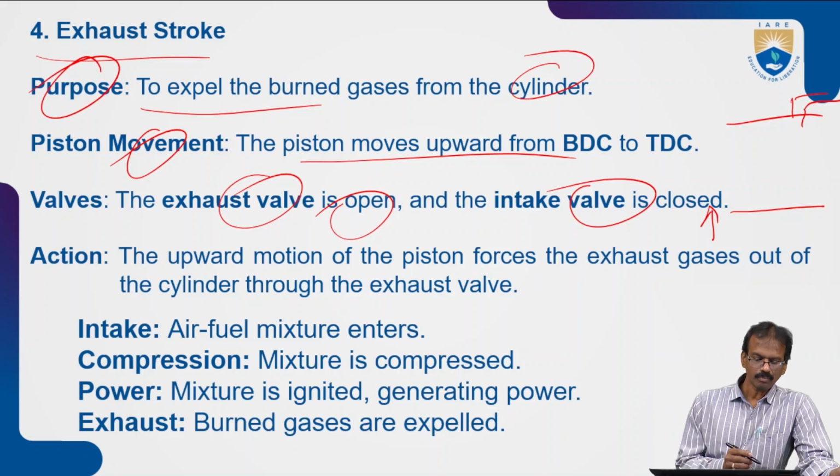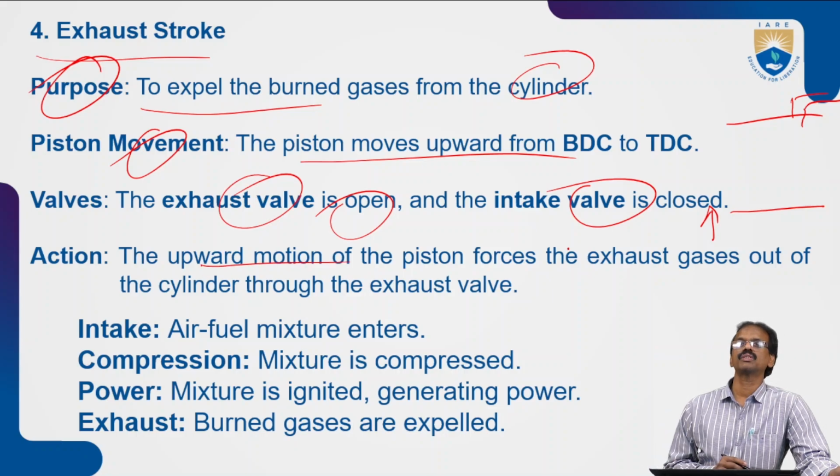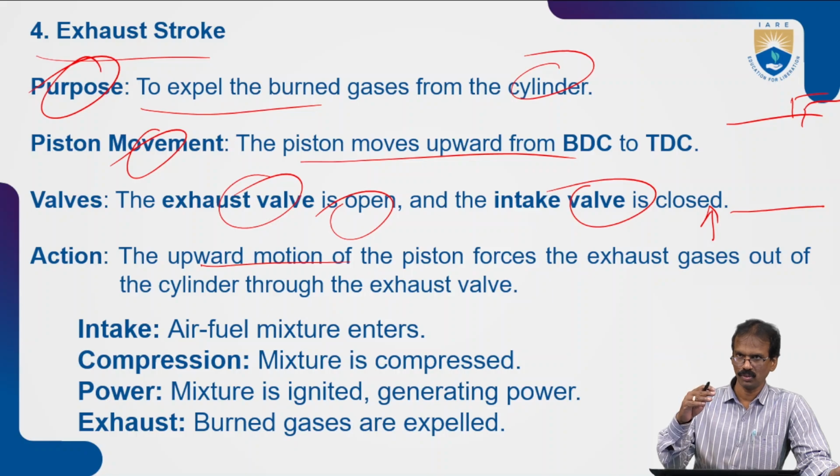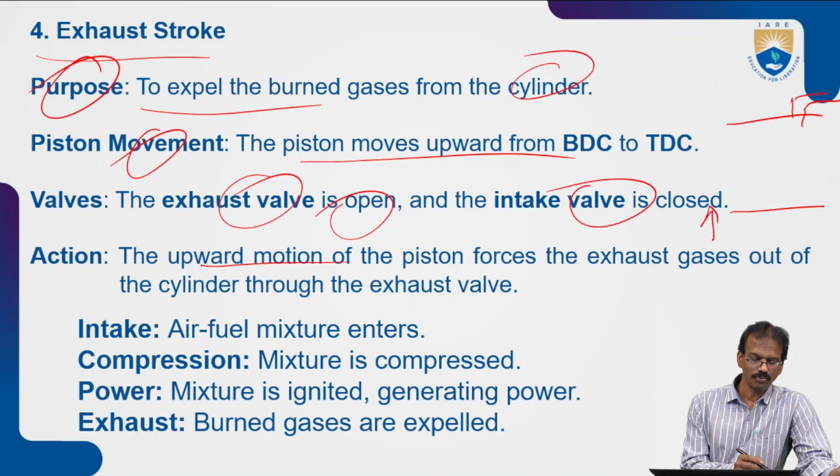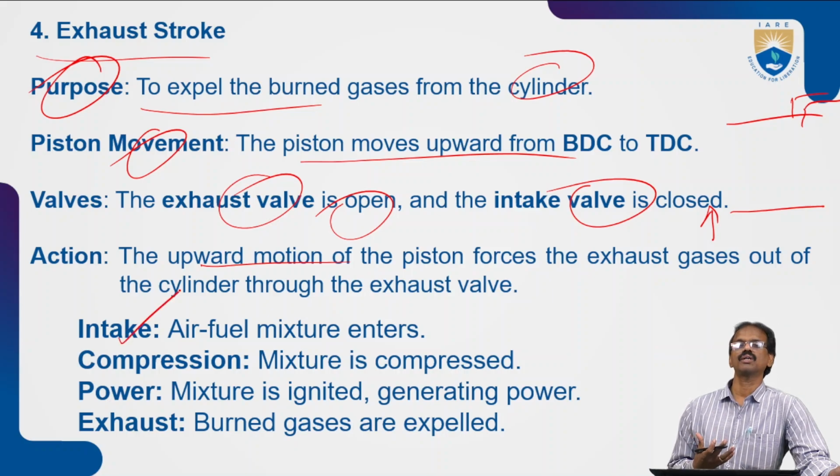Upward motion of the piston forces the exhaust gases out. Because the piston moves from bottom to top, automatically all the gases which are filled in the cylinder, that smoke, will be scavenged through the exhaust valve. So finally, there are 4 strokes. One is the intake stroke or suction stroke, in which the air fuel mixture enters the cylinder.